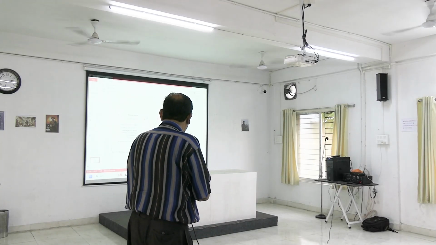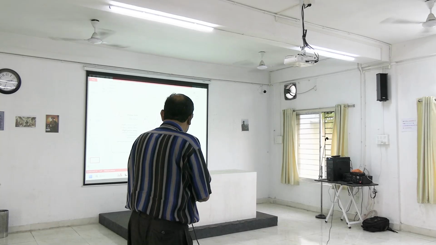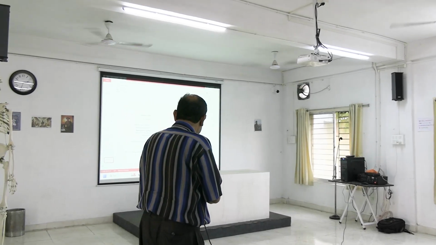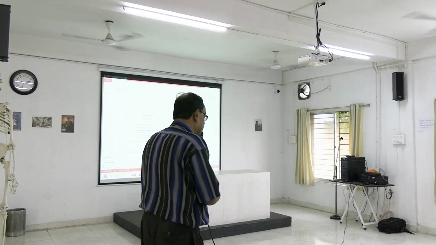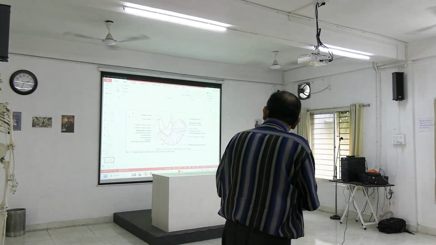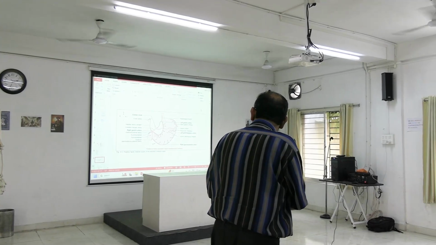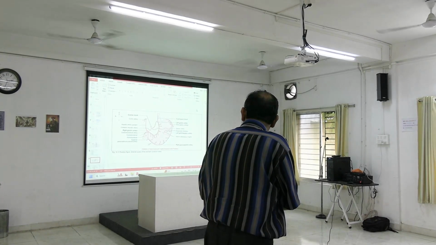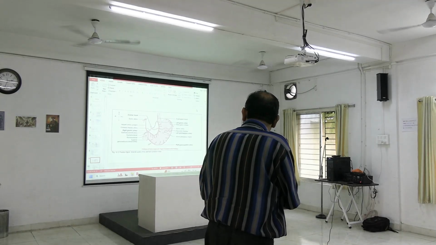After its origin the common hepatic goes along the lesser curvature. This is the lesser curvature and this is the greater curvature of the stomach. So it is in relation to the stomach, the lesser curvature and the lesser omentum. Here it ultimately breaks into two major branches.